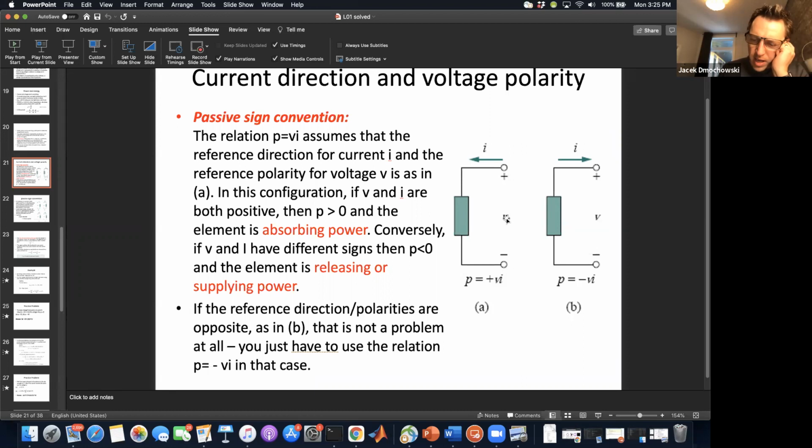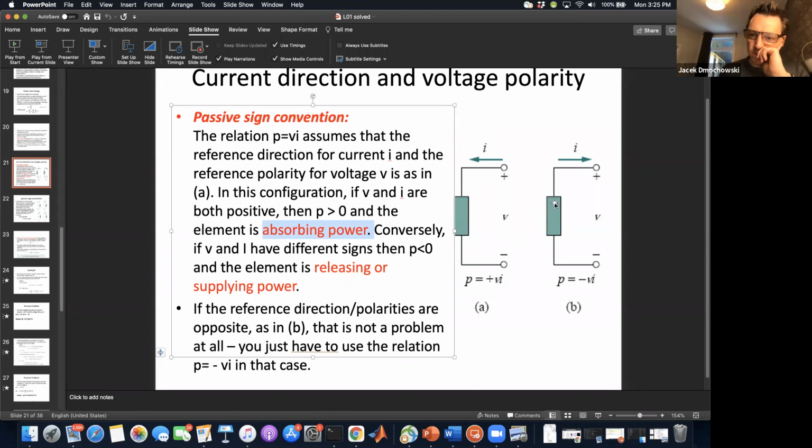Assuming that V and I are both positive, the power across this element will also be positive. In other words, this circuit element is absorbing the power, because the product of I and V is positive. With the way we've drawn the current arrow, with the positive charge entering the positive pole, the product of V and I is positive.